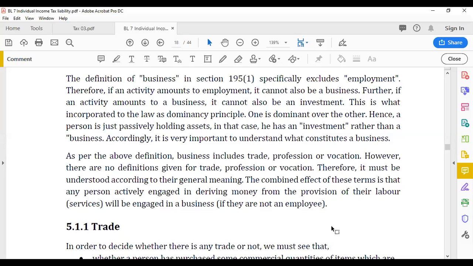Say that a person buys and sells items within 12 months, 2, 3, 5 times he does this kind of thing, buy and sell, buy the land and sell. So if the person is doing it regularly in that year, we call it a business.